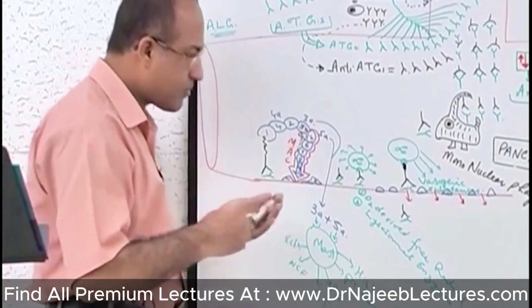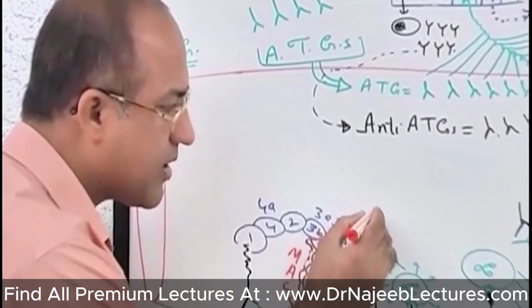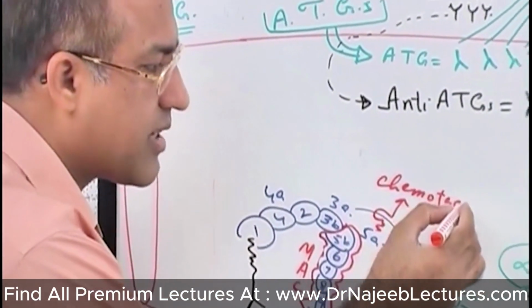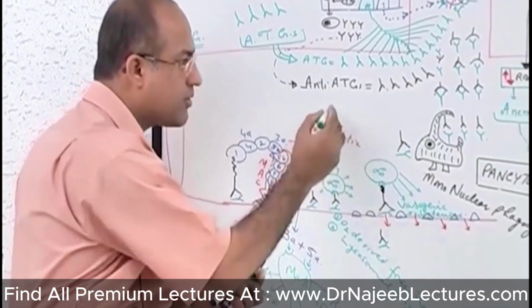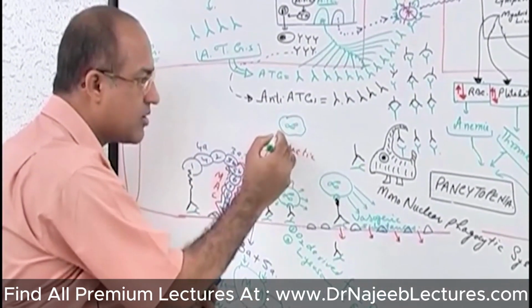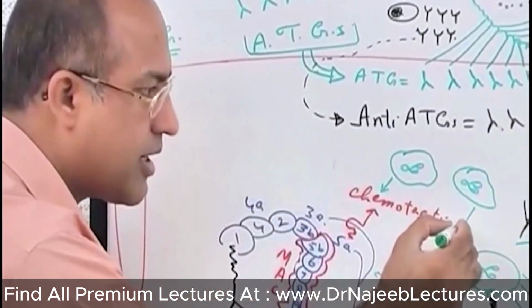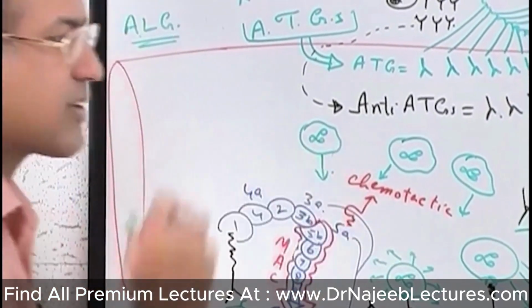On top of that, C5a has one more function. What is that function? It acts as a chemotactic agent for the neutrophils. So a lot of neutrophils will rush towards that site of reaction.